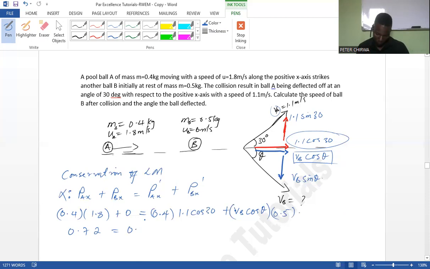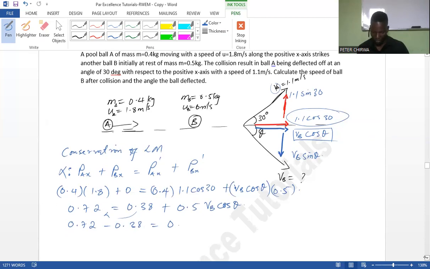So we have 0.38, all right, plus 0.5 VB cos theta. So we can take this guy the other side, and we're going to have 0.72 minus 0.38 equal to 0.5 VB cos theta. I can even divide by the mass, which is 0.5.